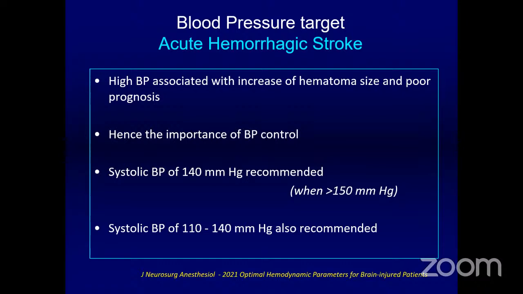What has been recommended is that in patients having an acute hemorrhagic stroke with a high systolic pressure of more than 150, 160, we should aim for a target blood pressure of less than 140. But certain guidelines also talk about maintaining a systolic pressure between 110 to 140, going more conservative, more restrictive, and that was also recommended.